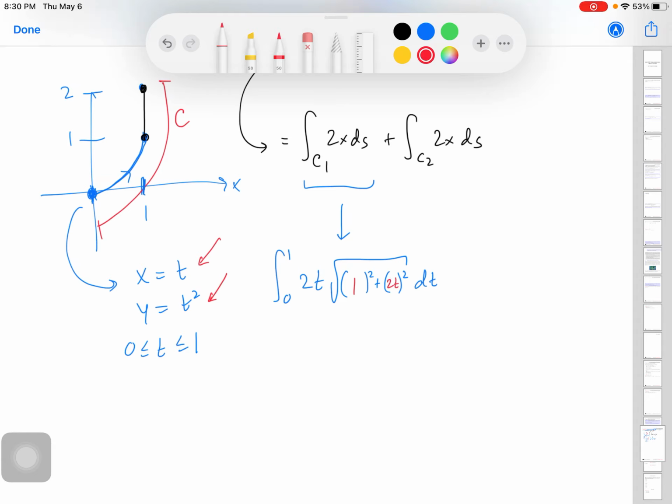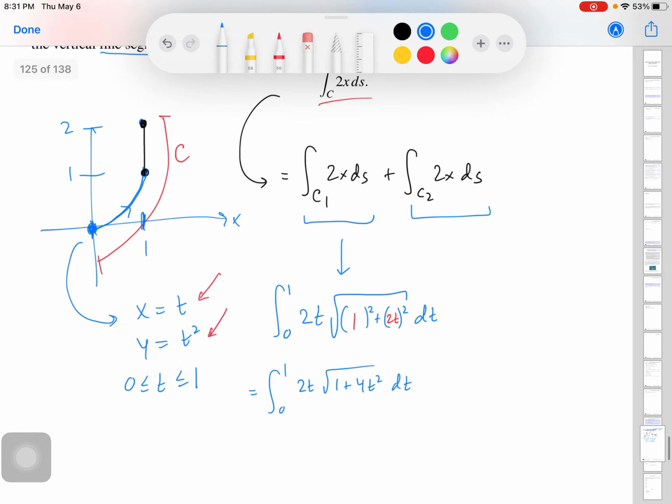Great. And then I start just writing this out a little bit more: the integral from 0 to 1 of 2t times the square root of 1 plus 4t squared dt. And I'll stop there because now, again, we're back to single variable calculus, and we have an integral which we could evaluate using integration techniques you learned in that course. So I'm going to move on then to this second part of the integral.